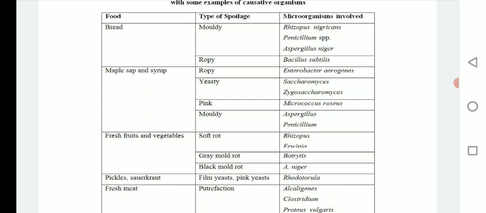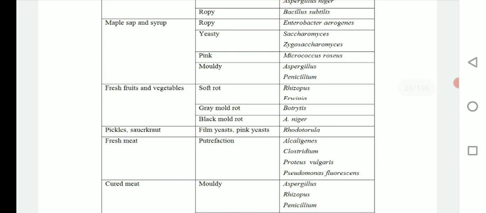Then yeasty spoilage is mostly caused by yeast, that is Saccharomyces and Zygosaccharomyces. Then pink spoilage is caused by Micrococcus roseus. And moldy obviously means it is caused by molds, that is Aspergillus and Penicillium.